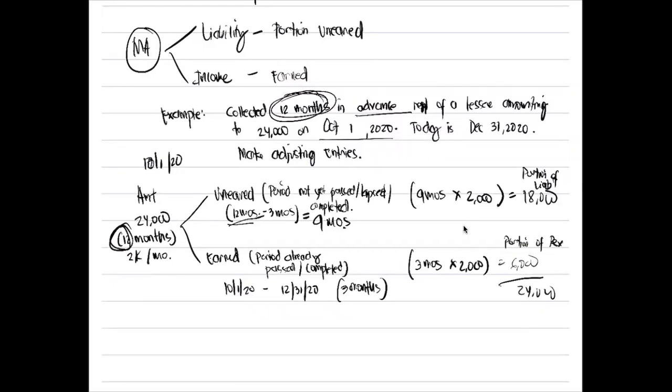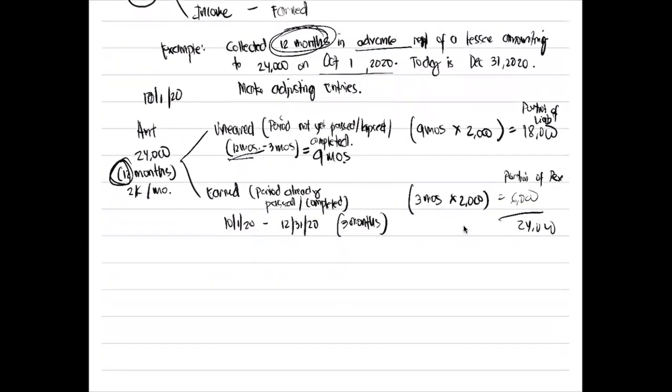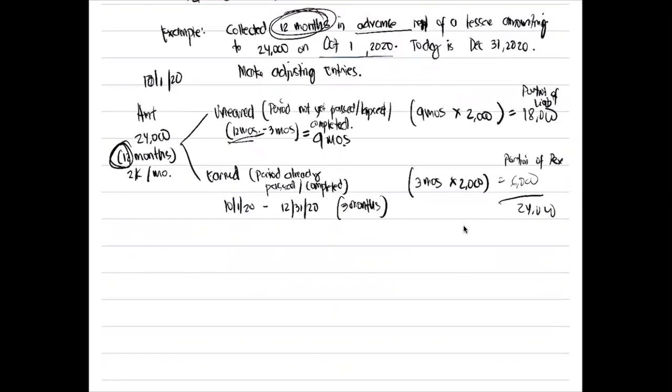Now, after we try to split, we try to make our adjusting entry. So for you to properly understand the adjusting entry, you just need to know the method. So first, you have your income method and your liability method. So what did we say a while back?